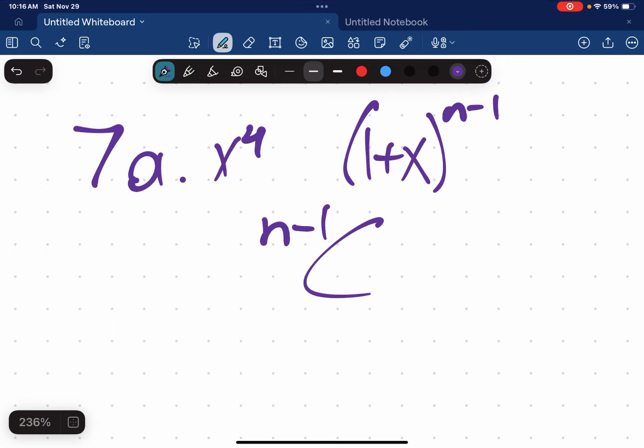Wait. No, that is a plus 1. So since it's asking for the fourth one, there's only one x term here, so we know r is going to have to equal 4 for this to be true, so we can write it like that.